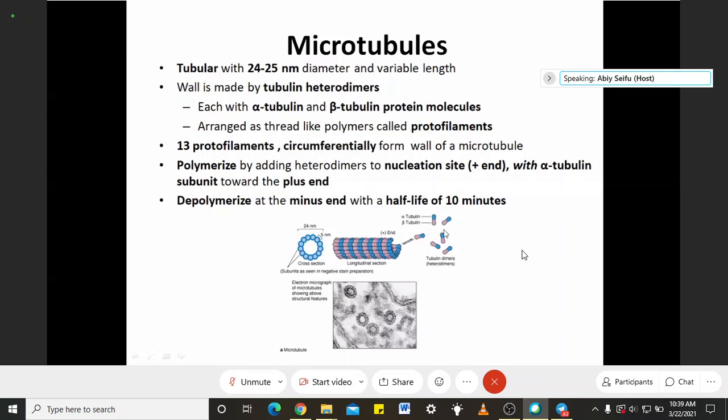Look at where the violet colored beta ends are facing. They are facing all towards the minus end, whereas the blue colored alpha subunit is all directed towards the plus end. So in this manner, microtubules are also polar, having an increasing elongating direction and a decreasing or depolymerization end. And because of such nature of their polymerization and depolymerization, the length is variable, but the diameter is specified.